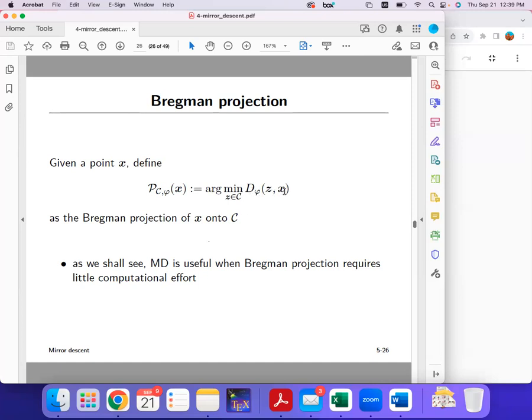Now this is a fixed point X. I look for the point Z within the set C so that it has the minimum Bregman divergence to X. So it follows the same definition as the Euclidean projection. We denote this as the projection of X onto C under this Bregman divergence. The Bregman divergence is denoted by this phi function.